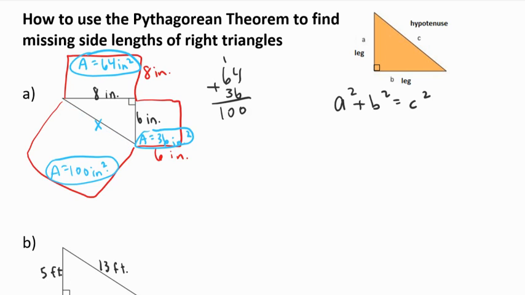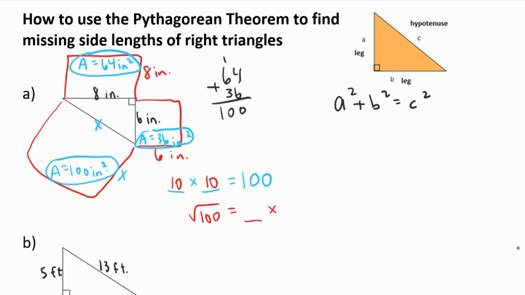We know that the area is 100, and we know it's a square, so we're trying to figure out something times something equals 100, but it has to be the same number because, again, it's a square. We can see that 10 times 10 is 100. But another way to do this, if it's a tougher number, is to take the square root of 100, because the square root means the exact same thing.